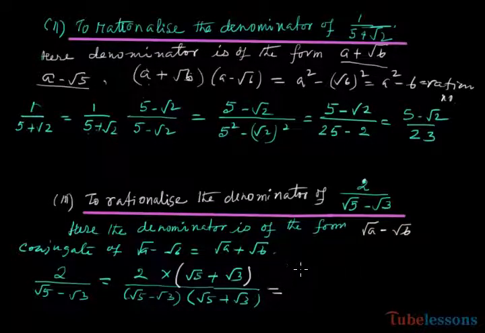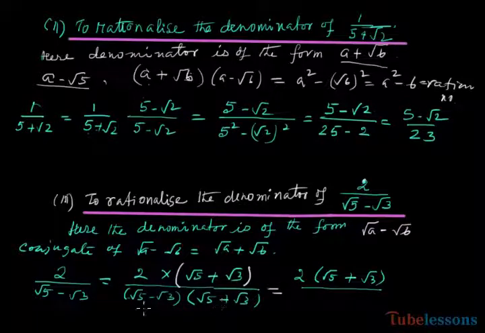Now the 2, don't multiply. No change in the numerator. Now root 5 minus root 3 times root 5 plus root 3 becomes root 5 square minus root 3 square.